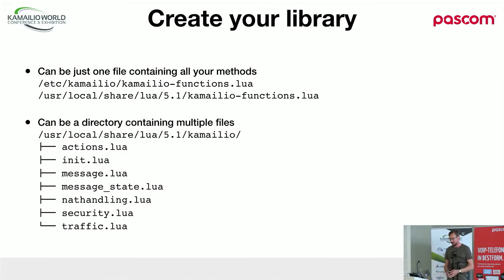Or the other version is you can create a directory containing multiple files so you can split up your library. That can be handy when the functions start adding up. The most important file in this directory is the init.lua, because that will be the entry point where the interpreter looks for.